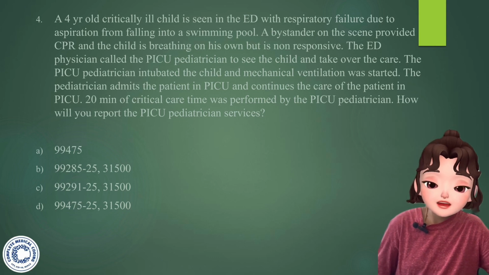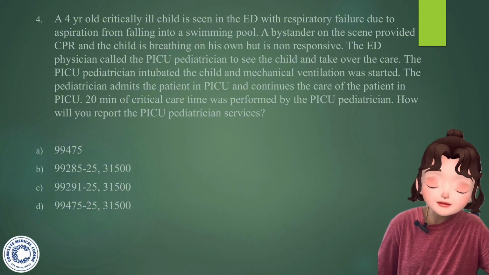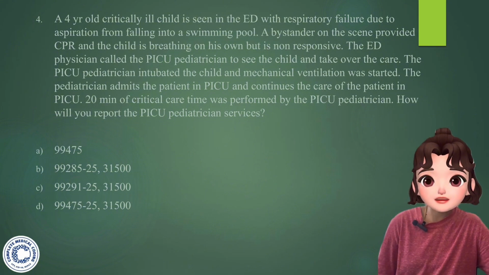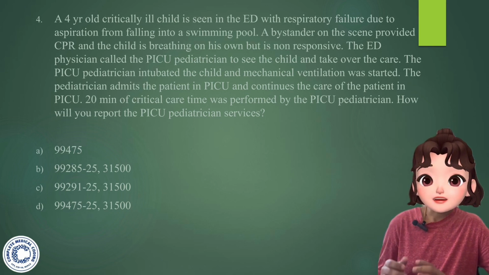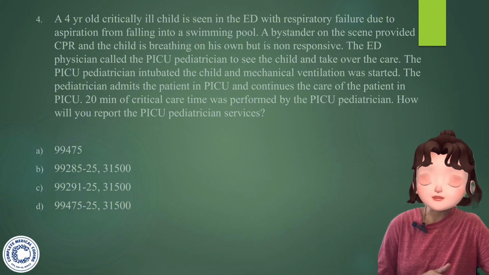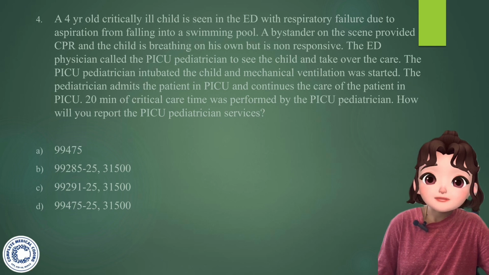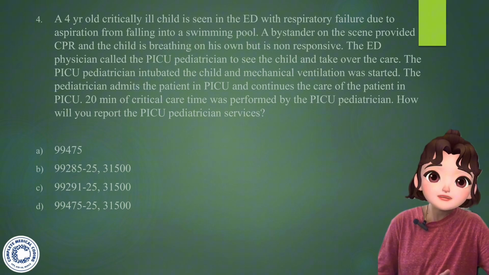So what is 31500? Yes, intubation, endotracheal, emergency procedure. That is the intubation code, so you have to go for the intubation code as well. Then the pediatrician has admitted the patient in PICU, which is also a separate service, but it is done by the same physician itself.